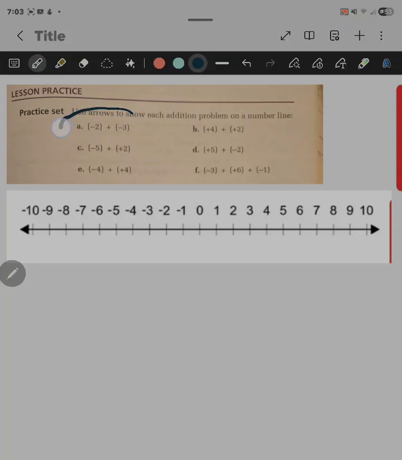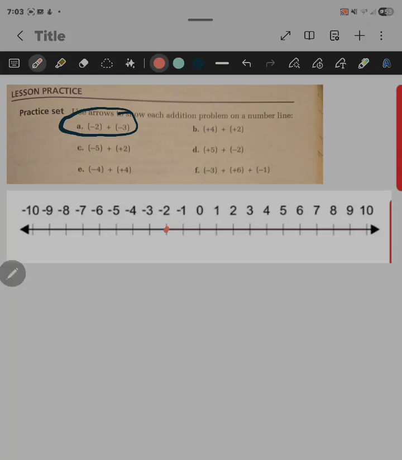All right, question A says -3 plus -2 plus -3. All right, so if we use a number line to solve this, what we do is we start out at -2. So I'm going to put a dot on -2. That's right there. And then we are going to add -3.